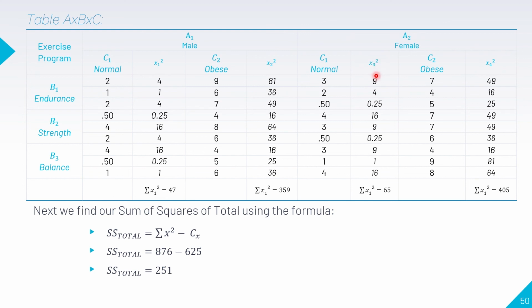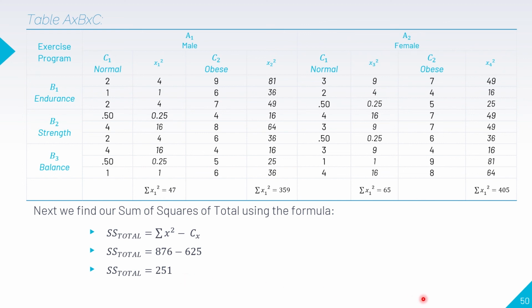Sorry for the typo. So now we have 9 plus 4 plus this, and this is the summation. The summation of these four summations is now 876 minus our CX, which is 625.